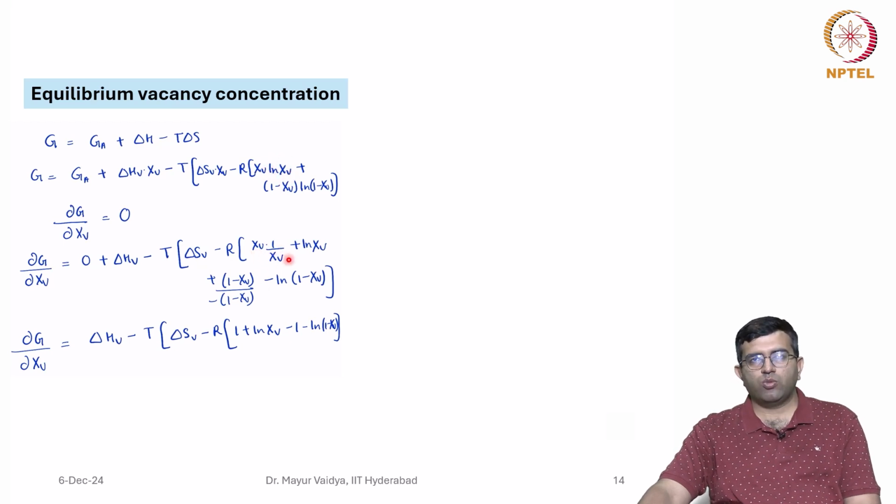So, x v into 1 by x v plus ln x v, plus again here 1 minus x v times minus 1 by 1 minus x v, log differential being 1 by x, minus ln 1 minus x v. So, this turns out to be delta H v minus T times delta S v minus R times 1 plus ln x v minus 1 minus ln 1 minus x v.